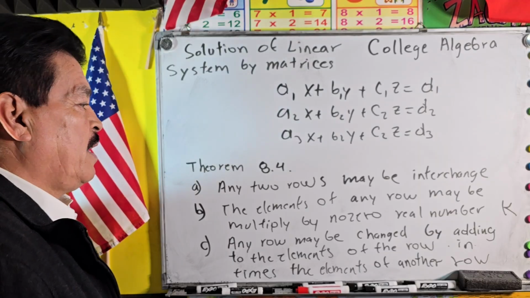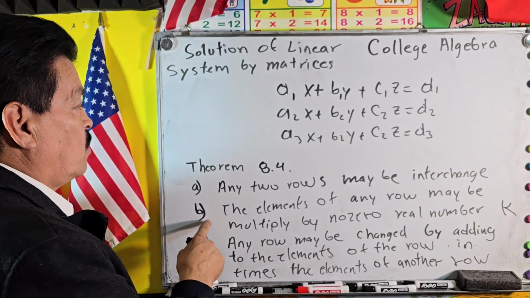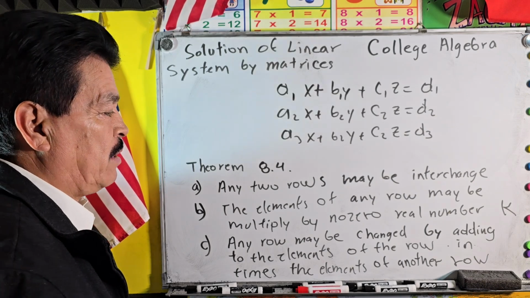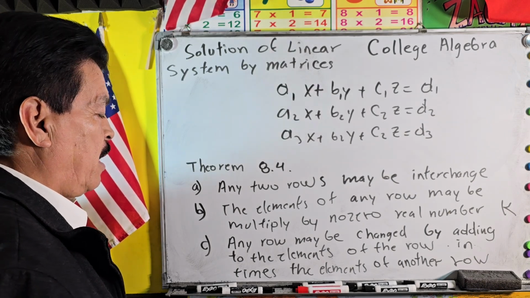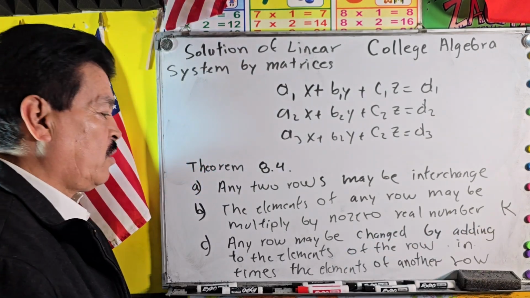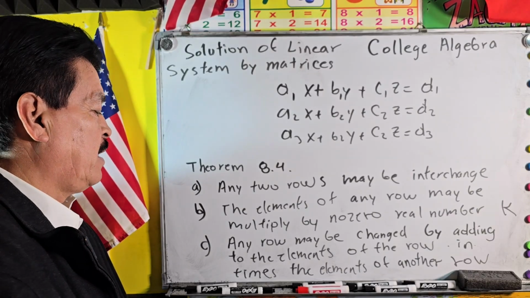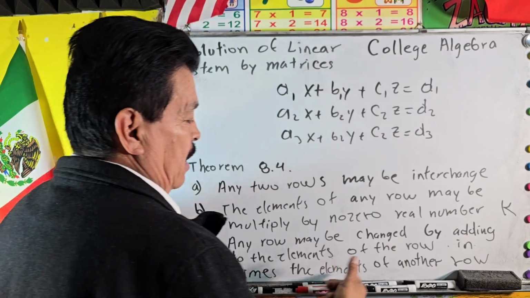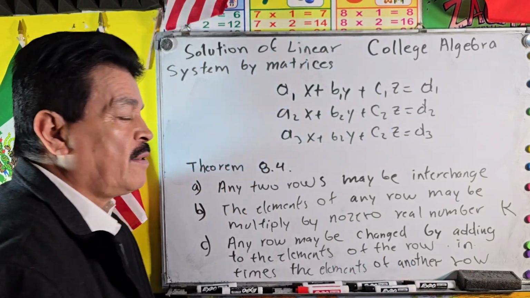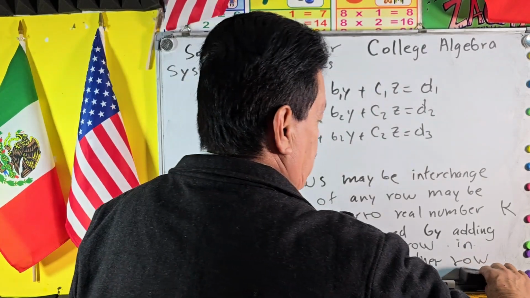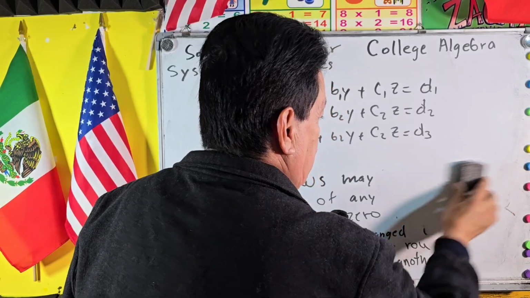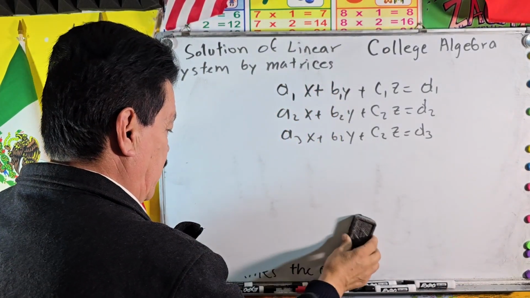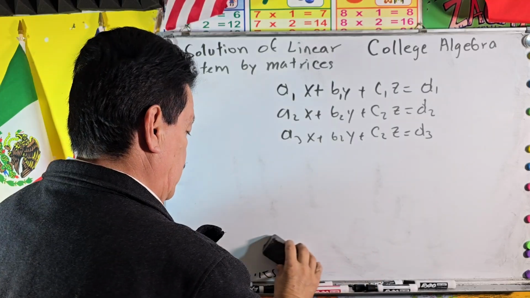Any two rows may be interchanged. The second one is that the elements of any row may be multiplied by a non-zero real number k. And any row may be changed by adding to its elements k times the elements of another row, right? This is the theory, so let's go to the practice. The practice in the problem is better and easier to understand this topic.